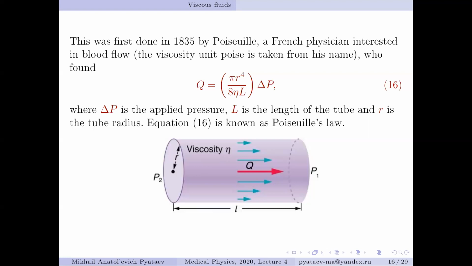The flow rate should remain the same because the amount of oxygen for the brain remains the same.